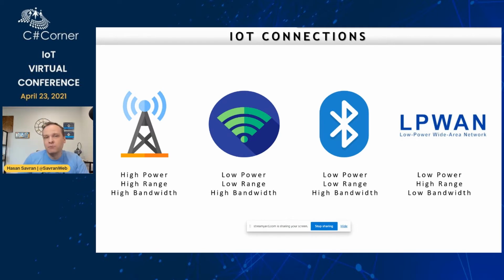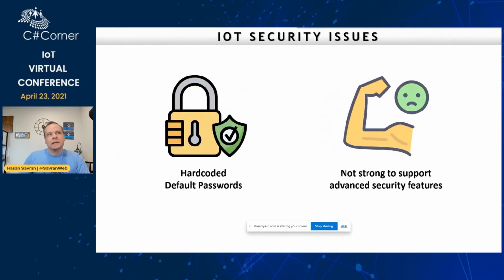So that's another option. The other challenge with IoT devices is security. As I said before, we have a lot of them, and you might need to use some passwords to send the data to a database, or wherever you are sending the data. The problem is, usually developers just hard code the password out there and forget about it.